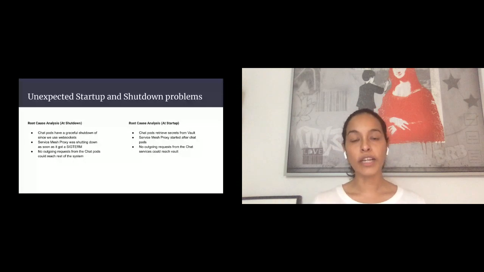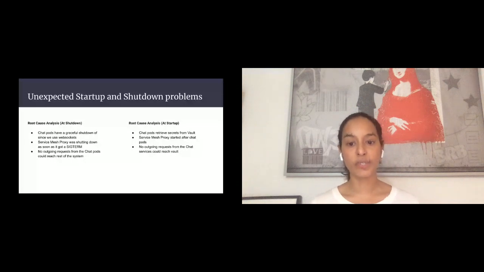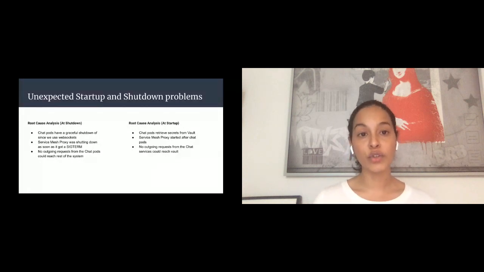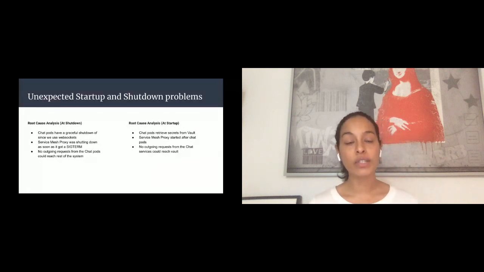We use HashiCorp Vault to store our secrets, and we had to make a call out to Vault to retrieve the secrets. Now, if the sidecar proxy is not up, again, your outgoing request is not reaching Vault, you're not getting your secrets, and as a result, you're not going to start up. And that's exactly what we saw.